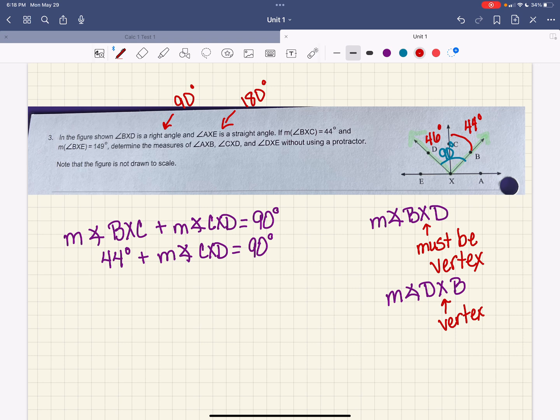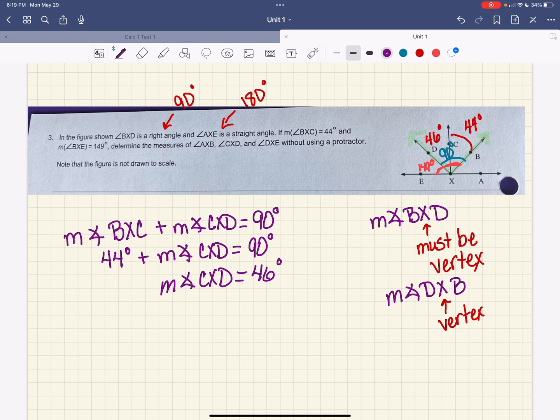Now, we are also told that BXE, so this angle right here, is 149 degrees. Let me write that one in a different color. So this whole part right here is 149 degrees. So let's write the measure of angle CXD is equal to 46 degrees.